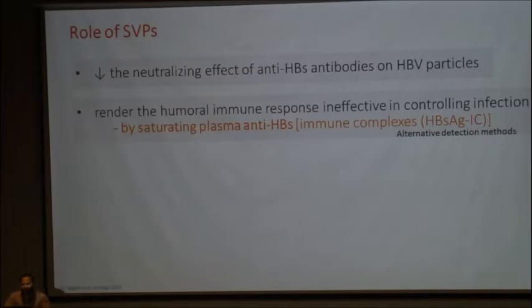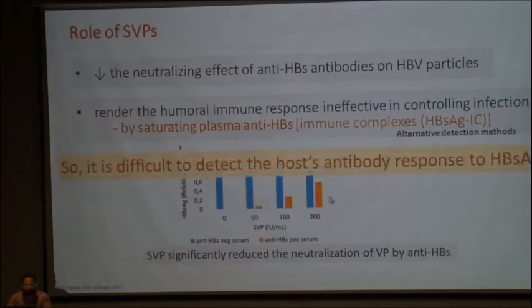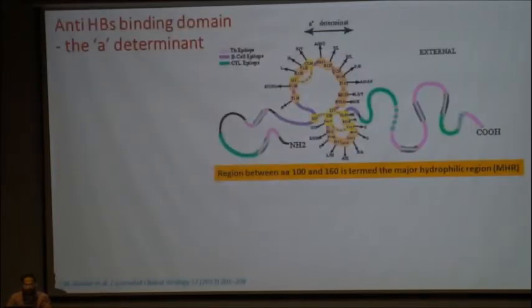Few methods have been identified and described in the last 20 years, but are not routinely practiced. Additionally, it has been shown that as the titer of the subviral particles increases, the neutralizing effect of the anti-HBs goes down and the virus multiplies more. So it is difficult to detect the host antibody response in hepatitis B surface antigen positive patients. So humoral immunity is difficult to assess.